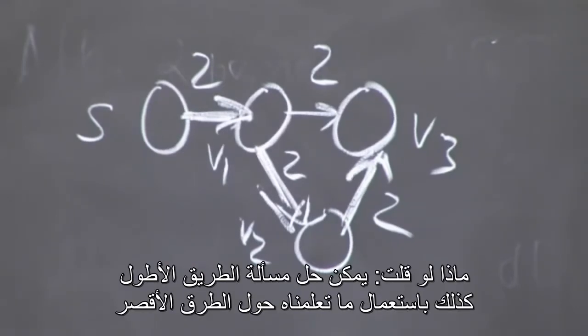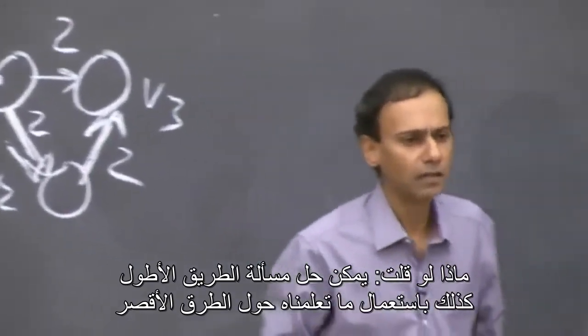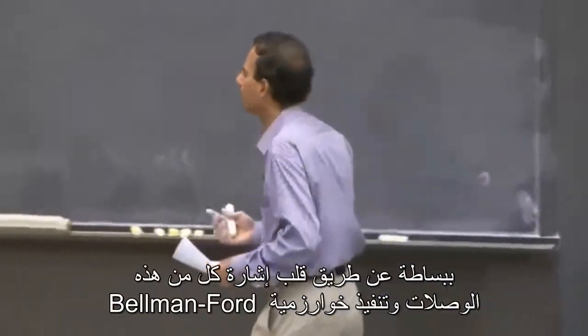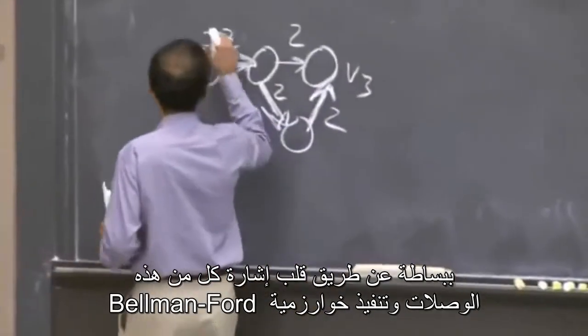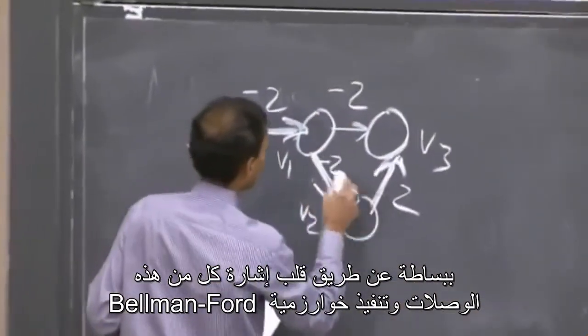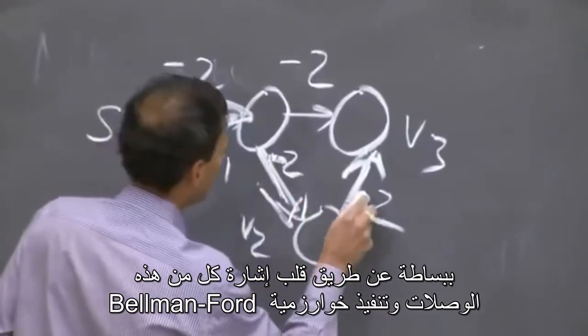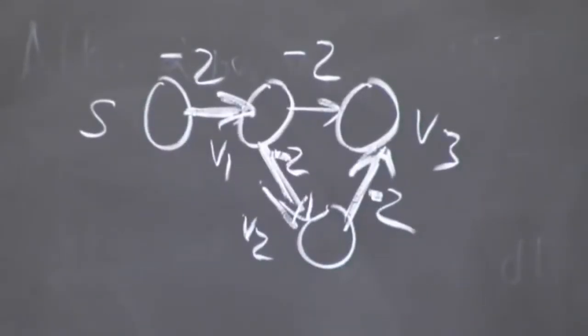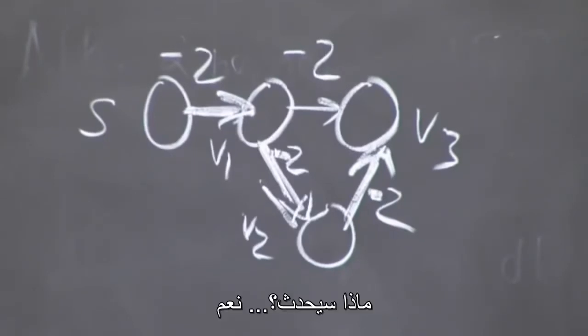What if I said, well, I can solve the longest path problem as well, given all of what I've learned about shortest paths, simply by negating each of these edges and running Bellman Ford? What would happen? Yeah?